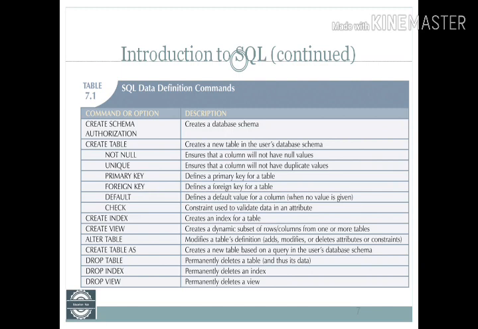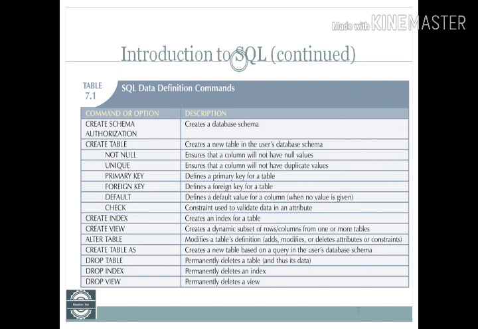We should know what a schema is before inserting any data in a table. When a tabular format is created, that means a skeleton of any database is created, that is known as schema.